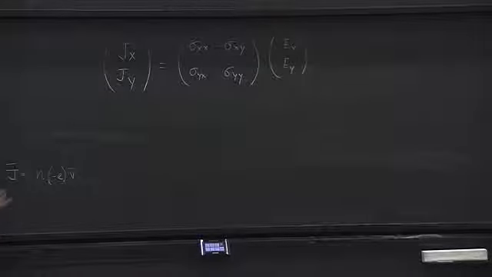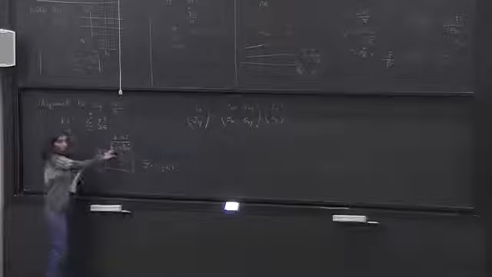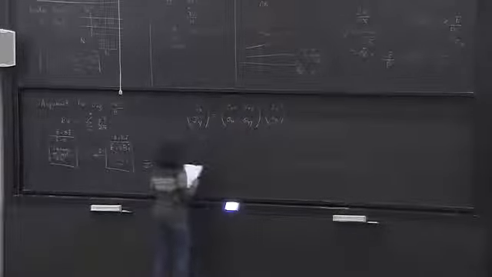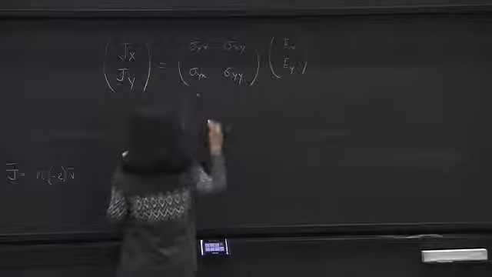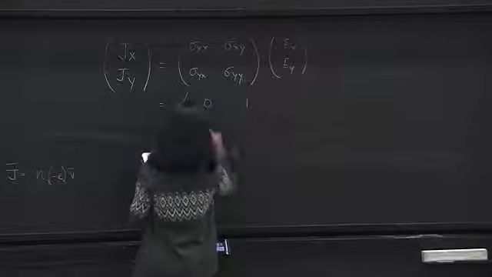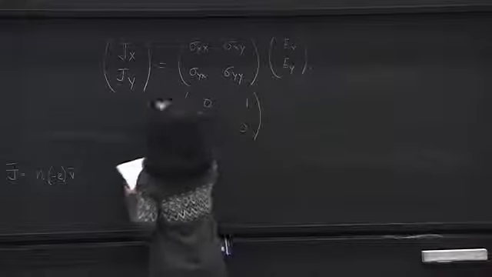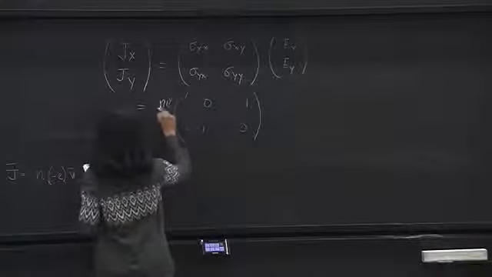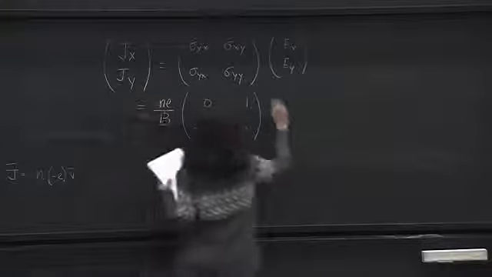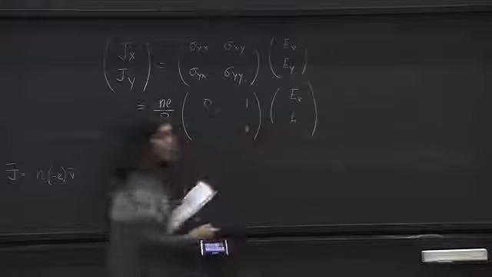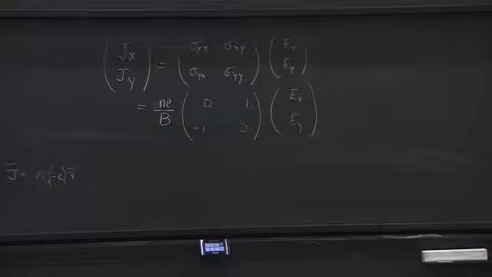And so I know what the current is. I know what the electric field is. So I just plug it into this matrix to see what conductivity tensor I get. And I see that it is 0 times, okay? Is everyone with me so far?